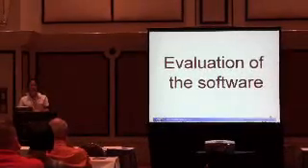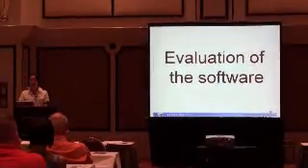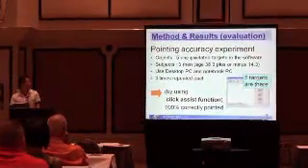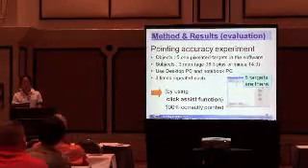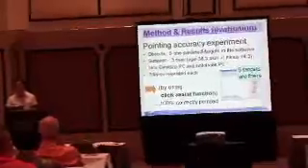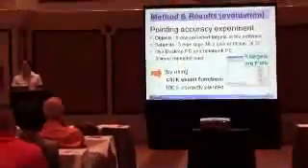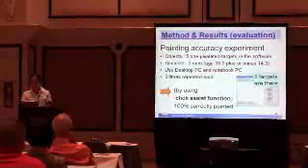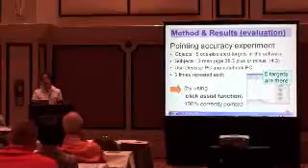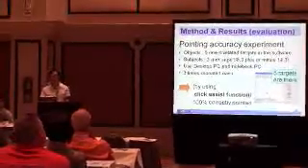And let me introduce the results of evaluation of the software. First, we did a pointing accuracy experiment. We wondered whether people can point at what they want, so we did this experiment. The objects are accelerated targets in the software. Here are 0 to 5 targets, and the subjects are 3 men.